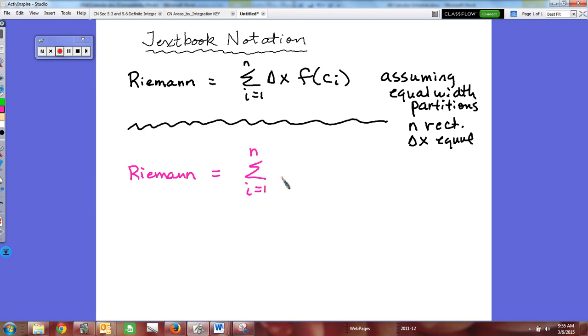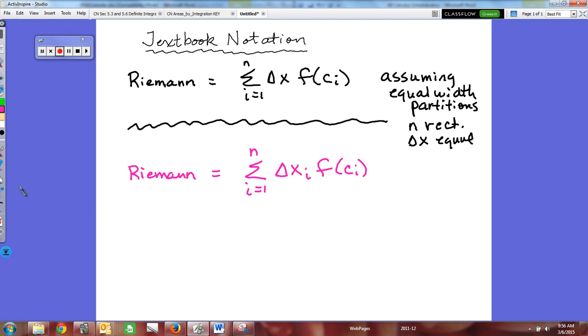You'll still have n partitions, they just won't be equal width anymore. So they use delta x sub i, which means each interval is going to have a different width, so you have the width for the first interval, the width for the second interval, the width for the third interval, and so forth. We saw that in one of the examples in our class notes where we had different widths and we wrote it down for each one.